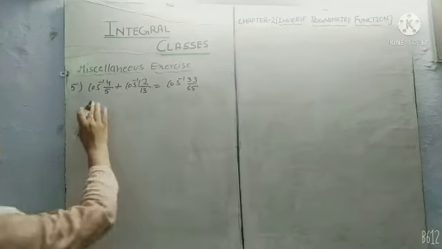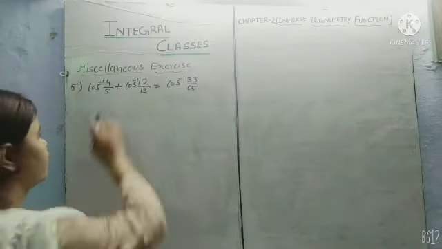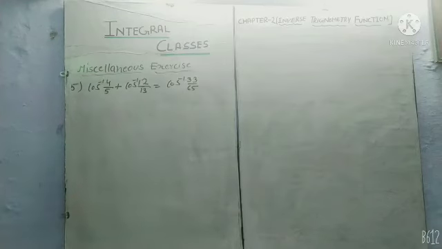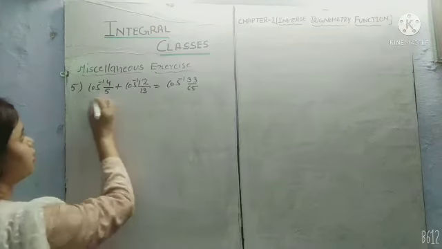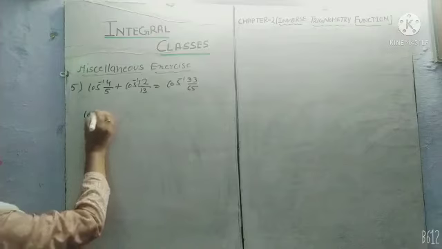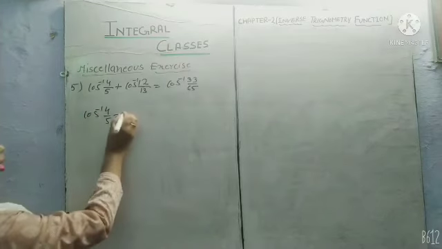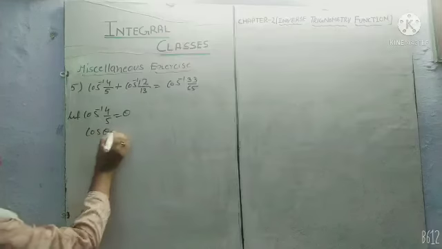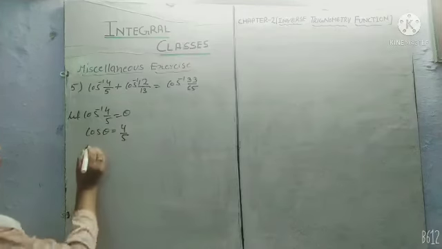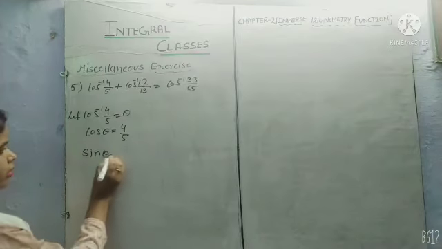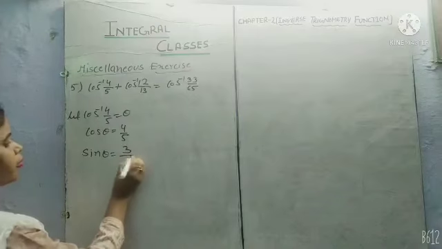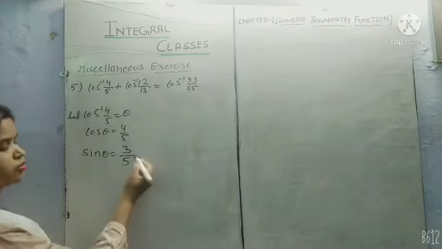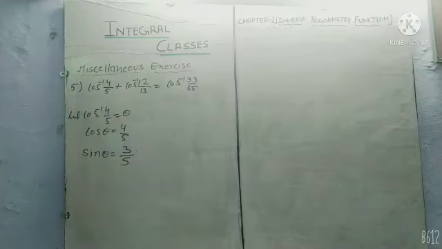Now question number 5. Again student, we will observe here is 3 terms but in a cos. So firstly we will let here, this is cos inverse 4/5 equal to theta, then cos theta equal to 4/5, and we will find the value of sin theta equal to 3/5, because it is a base and it is a hypotenuse, so we will find out here perpendicular.